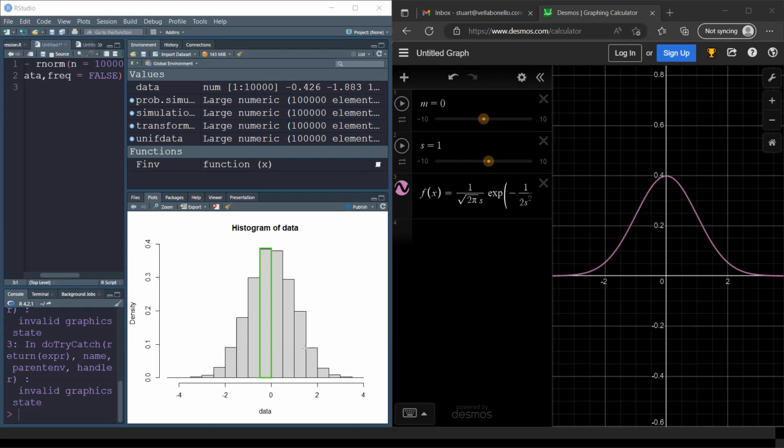Whereas over here, there's only 10% of the data that's between 1.75 and 2. Do keep track of what the axes are giving you. This is the sort of the probability.